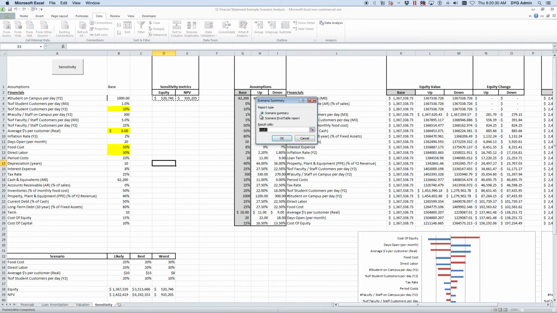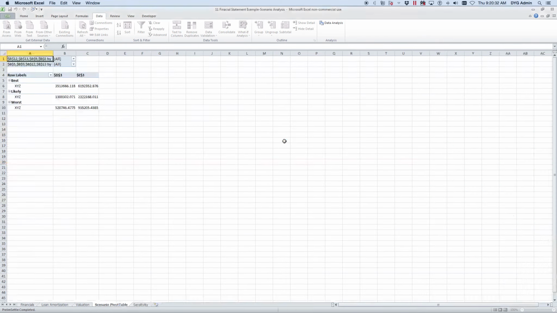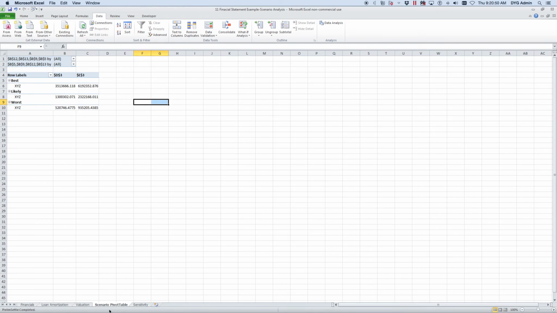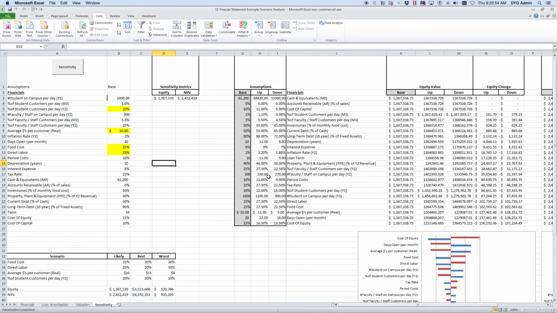It saves your cells, so we're going to do a pivot table report. And so there you go. Best, likely, worst. I'm not quite sure what it's doing with XYZ there, to be honest with you. Anyway, I've never run this one. I don't find that particularly useful, so I probably like the other one better.